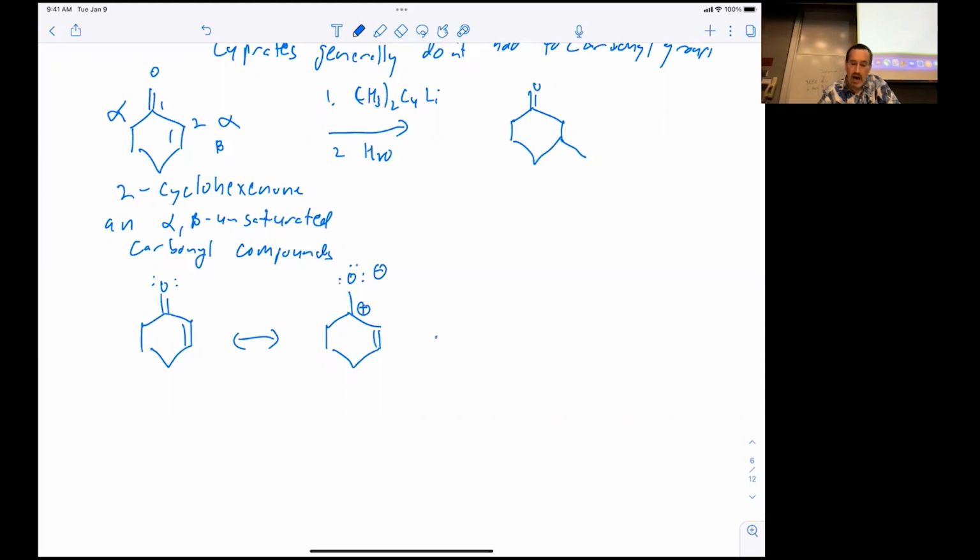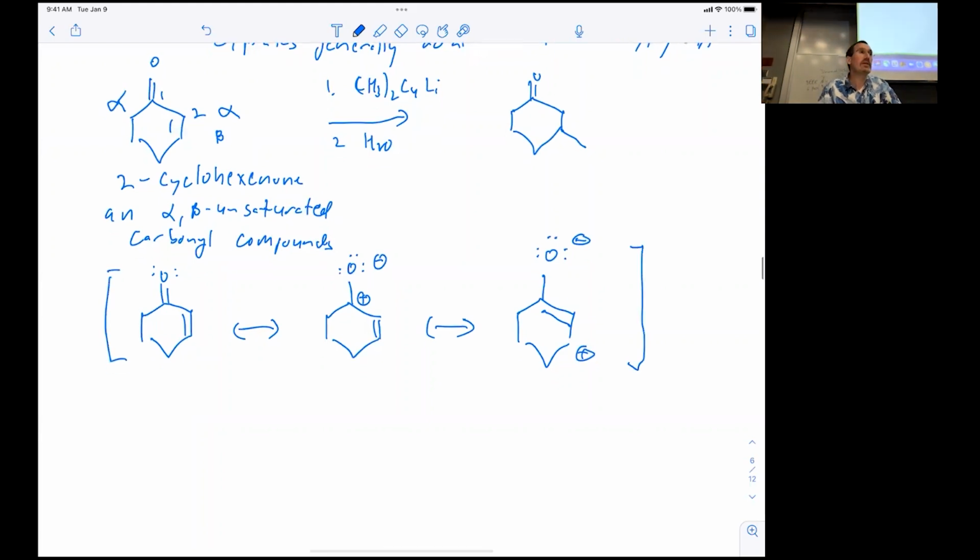We can think of a third resonance structure now where we have allylic resonance, like so, and we have positive charge character over here as well. Collectively, these make up a more complete picture of the molecule.